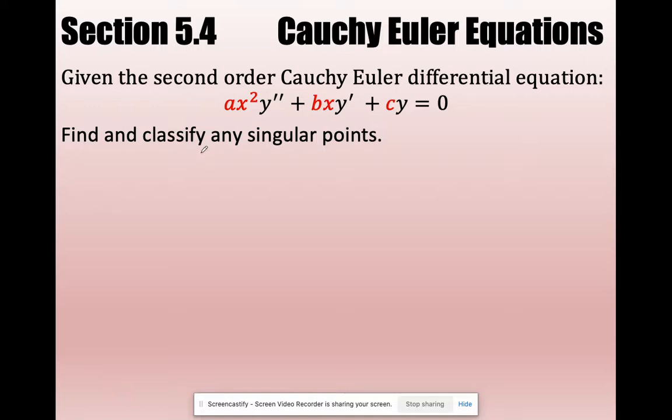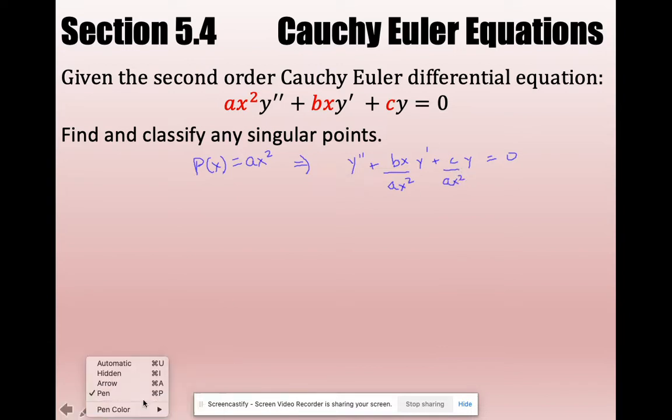So first, find and classify any singular points, right? P of x is equal to ax squared. So getting the differential equation into standard form means I have y double prime plus bx y prime plus cy is equal to 0. But I would divide this by ax squared and divide this term by ax squared as well. This is now little p of x.